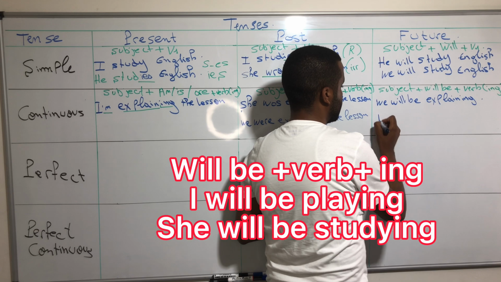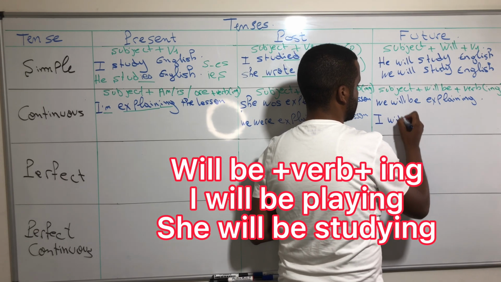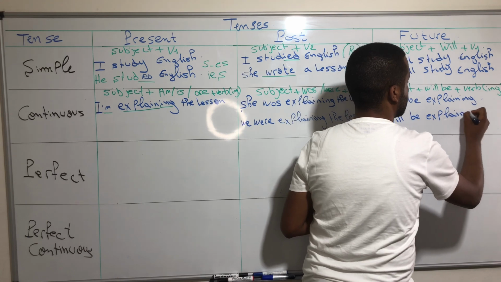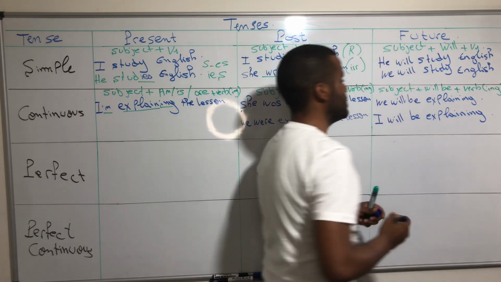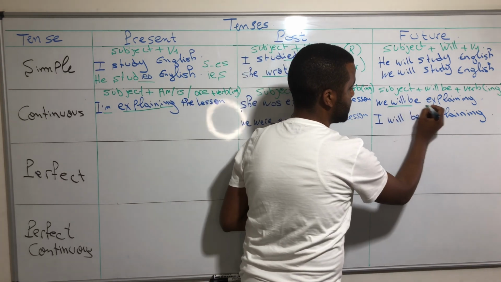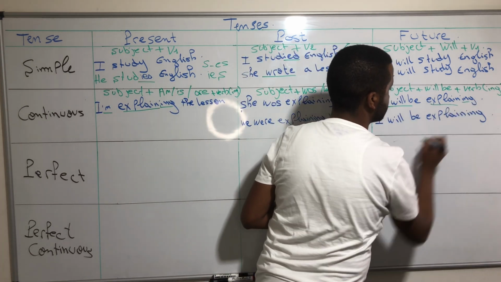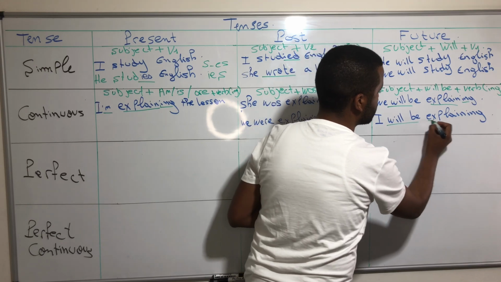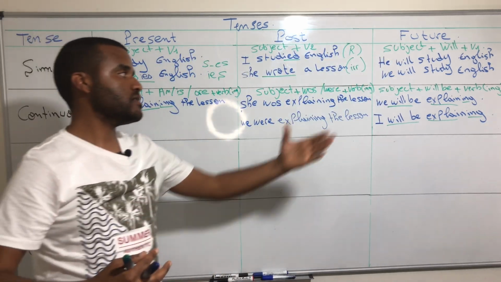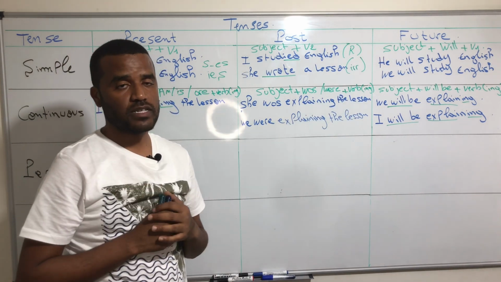Or we can say I will be explaining the lesson. You need the modal will plus be plus verb and ing form. Okay, this is how we use future continuous.